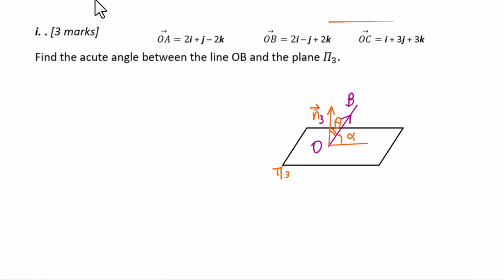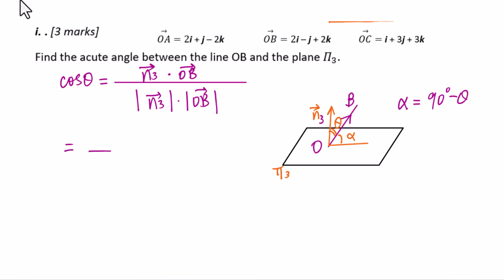We can figure out this theta between the normal vector and the direction vector of the line OB. Then the angle between the line and the plane pi3, alpha, equals 90 degrees minus theta. So we will work out cosine theta first.